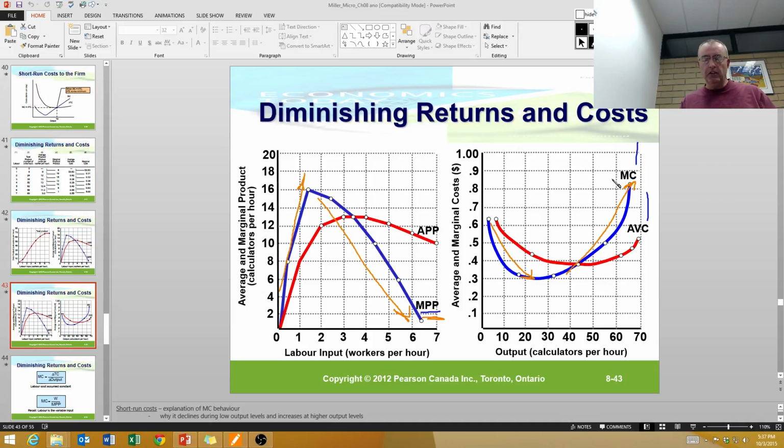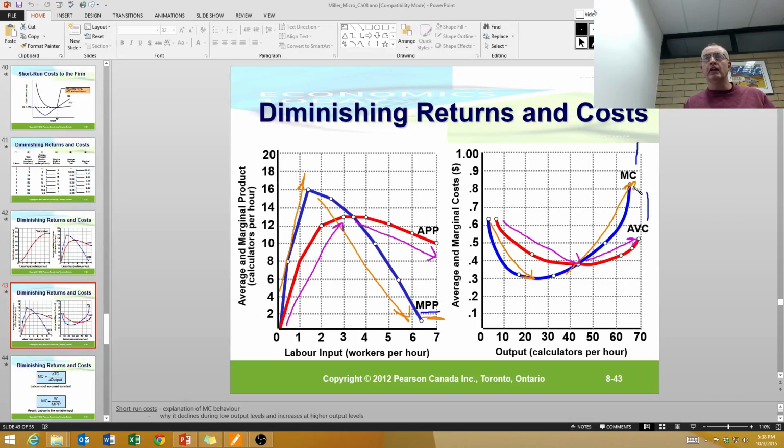And we'll see the mathematical formula here in just a second, and you'll see it intuitively. So likewise, when the average physical product is increasing, the average variable cost is decreasing. And when the average physical product is decreasing, the average variable cost is increasing.